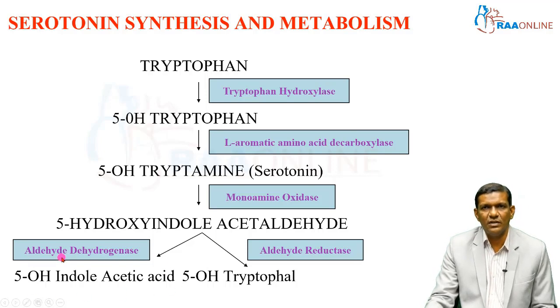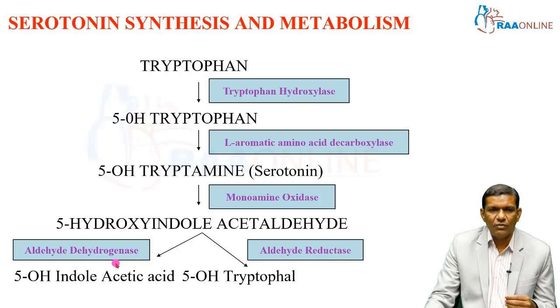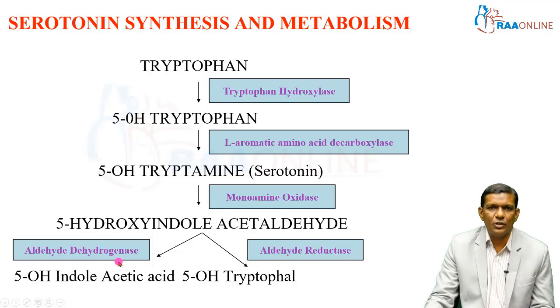This 5-hydroxy-indole acetic acid is clinically important, because if there is a tumor in the enterochromaffin cells, we call it a carcinoid tumor. In that case more serotonin will be produced, and it finally gets metabolized to 5-hydroxy-indole acetic acid, which is excreted in the urine. So urinary levels of 5-hydroxy-indole acetic acid will be highly raised in carcinoid tumor.